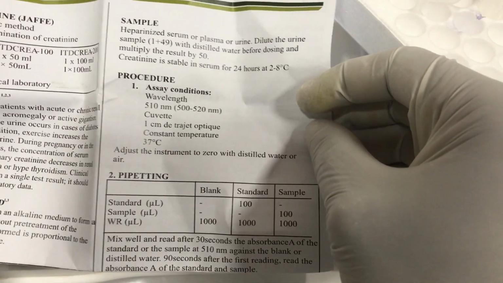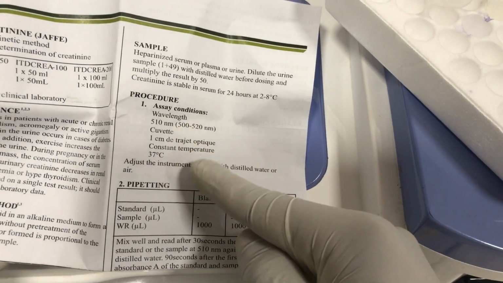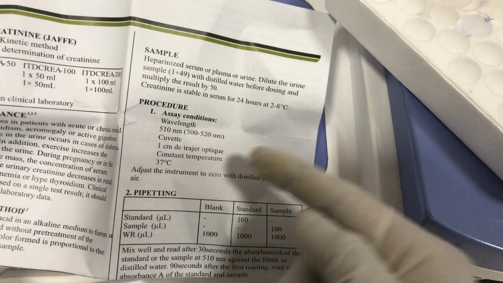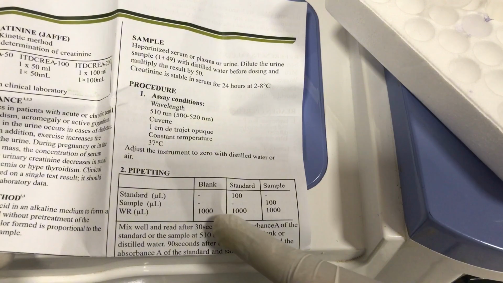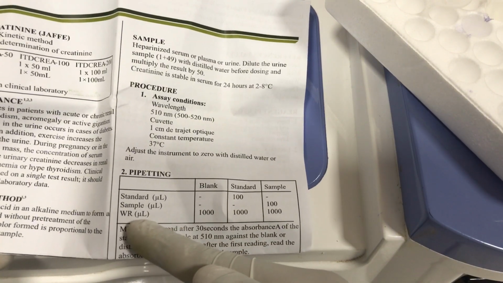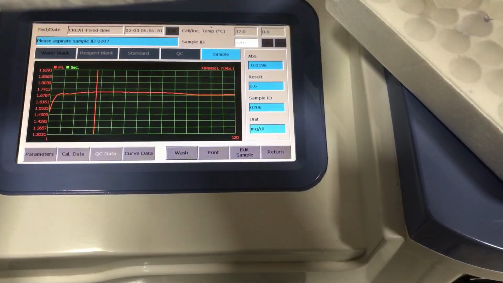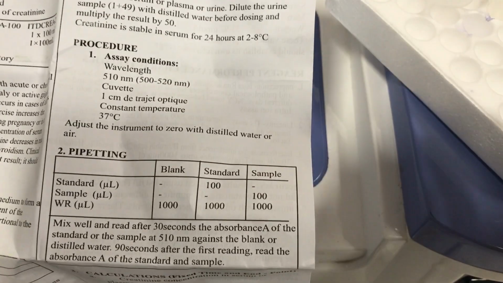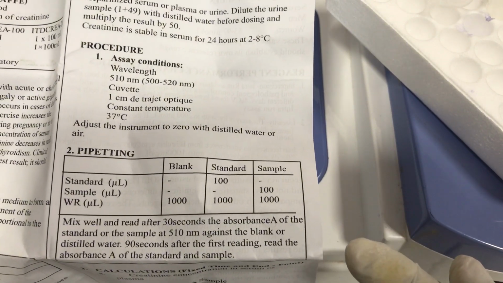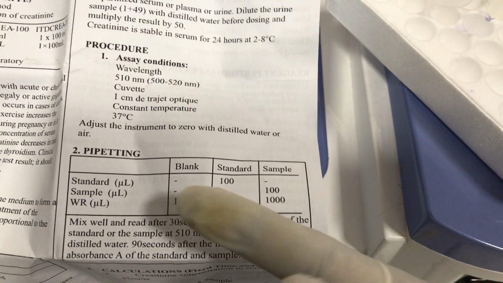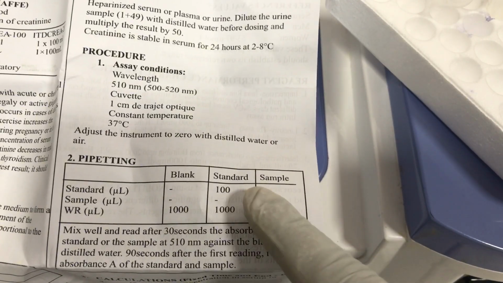So under procedure, it gives you the wavelength, and then the temperature, then the procedure. So for the working reagent, you obtain it by mixing 1 volume of picric acid to 1 volume of the alkaline reagent, and then you add 100 microliters of your sample.